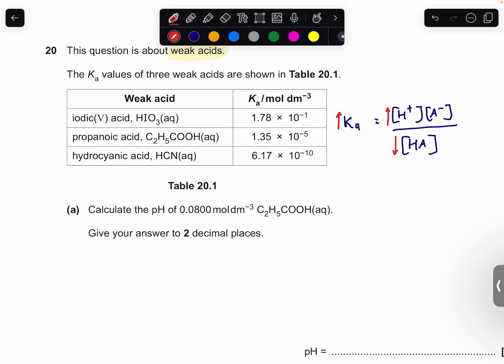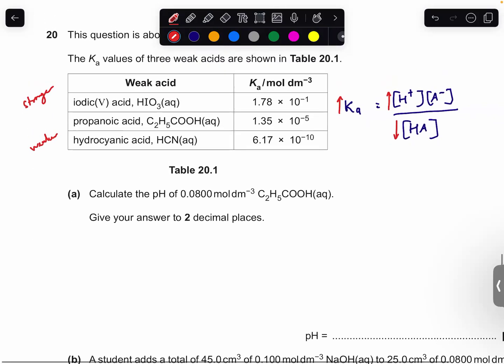So it just gives you an idea. So that means iodic acid is the stronger of the weak acids, and hydrocyanic acid is the weaker of the weak acids. And you've got propanoic acid in the middle. Anyway, that was just some general comments there.